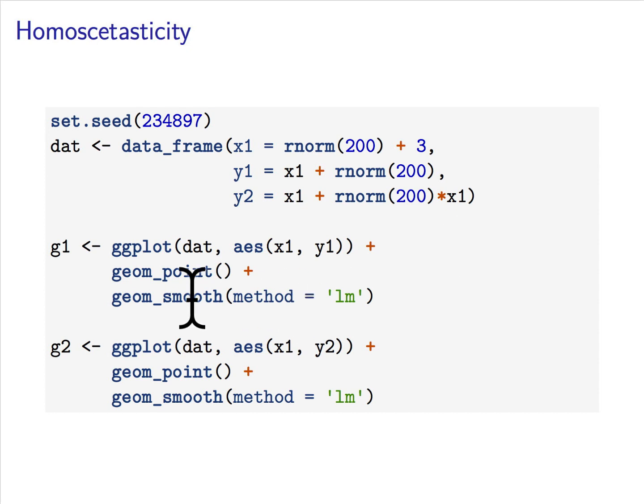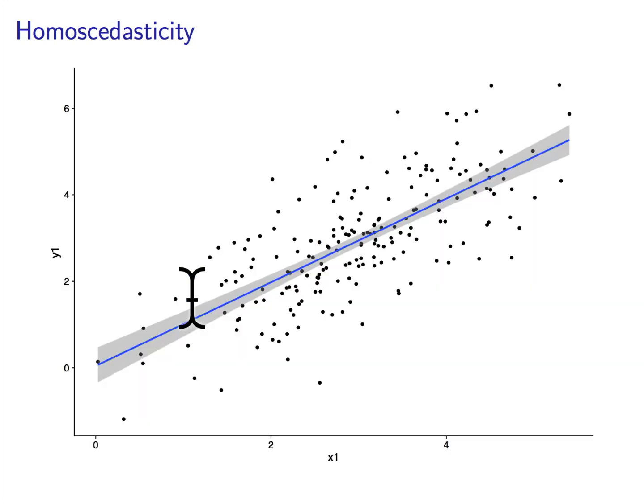So we'll go ahead and plot these two data sets to take a look at this. As we expected, the relationship between x1 and y1 looks beautiful here. We have this nice football-shaped scatter around the trend line.